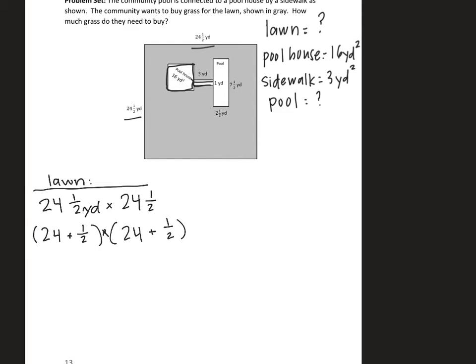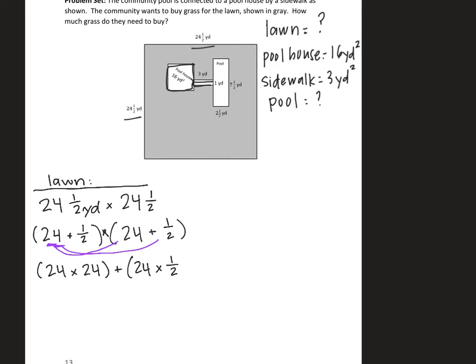So I'm going to start with 24. And I'm going to say 24 times 24. Write that down. Okay. Plus, then I'm going to go back and say, okay, 24 times 1/2. Okay.